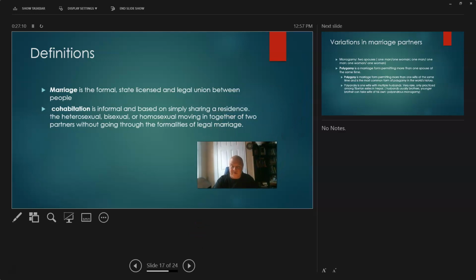It's the formal state license and legal union between people, okay? Cohabitation is informal and based on simply sharing a residence. Heterosexual, bisexual, or same-sex moving in together of two partners without going through the formalities of legal marriage.